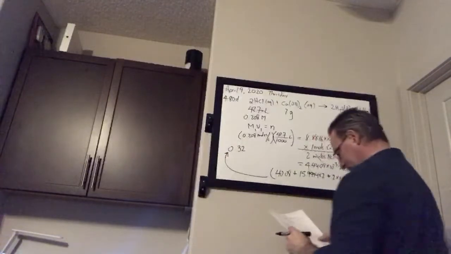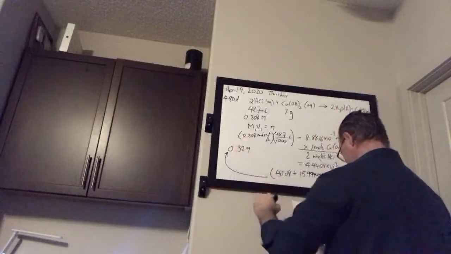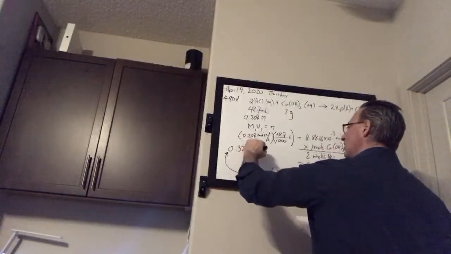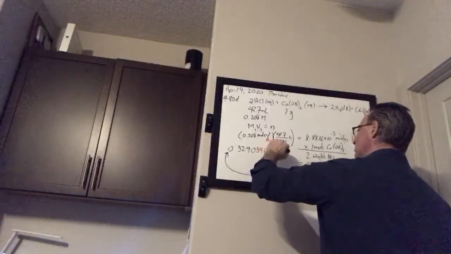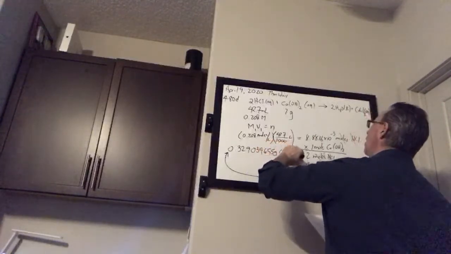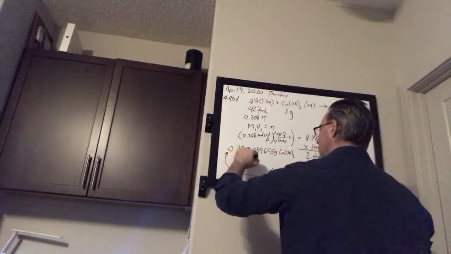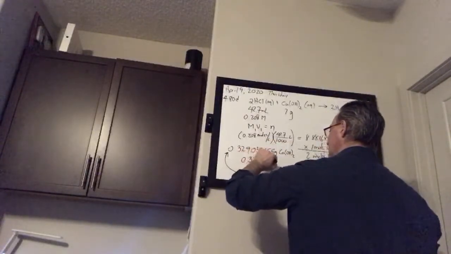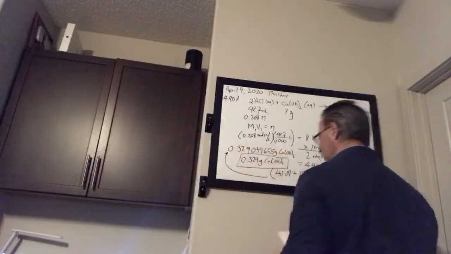So you're going to get 0.3290 3965 grams of calcium hydroxide. You're only allowed 3 sig figs, so you say 0.329 grams calcium hydroxide is your final answer.